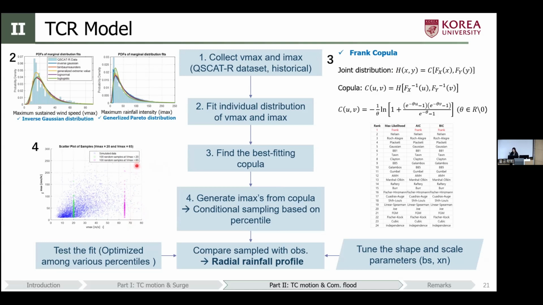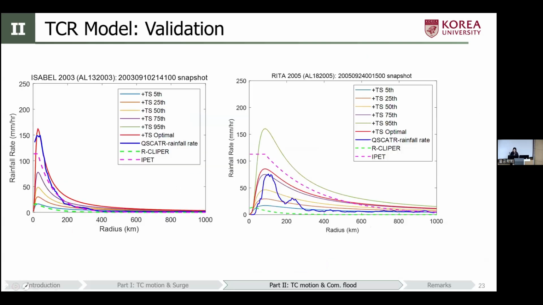So we use the percentile method, and also we apply some optimization processes to get the best percentile. Then we get the final Imax, and this Imax will be added into the TCR model, and then we can get our rainfall field.